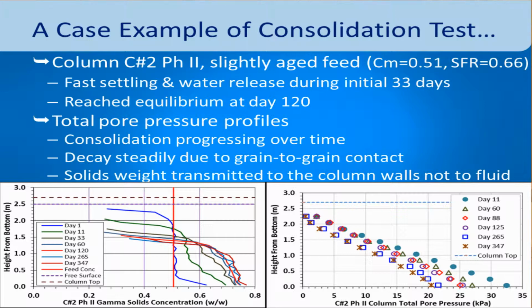First of all, the graph on the left is the gamma densitometer concentration distribution. The vertical red line represents the average feed concentration, and this is the concentration distribution as a function of consolidation time.